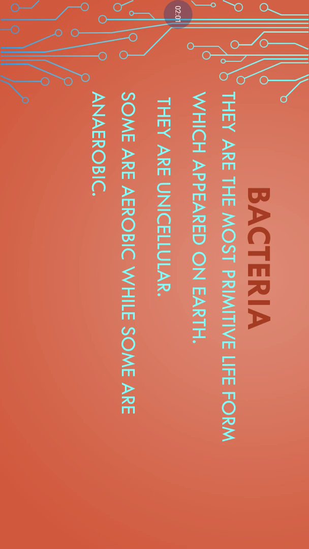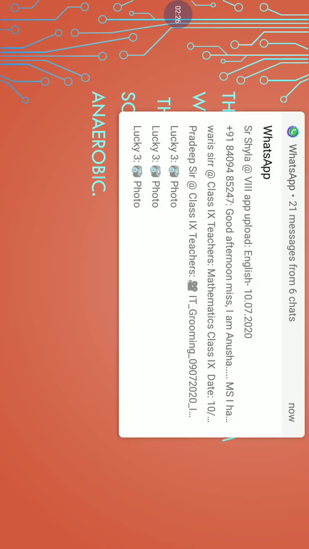That means, in respiration, some bacteria need oxygen and some don't. Just now we discussed the most primitive bacteria which appeared on earth, that was anaerobic bacteria. At that time earth did not have a sufficient amount of oxygen, so respiration in those bacteria was anaerobic.